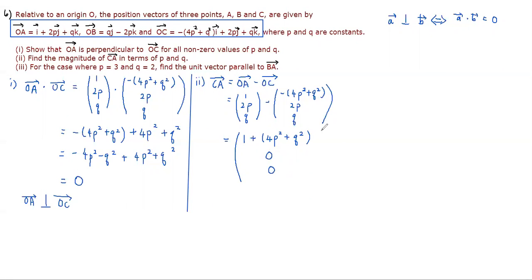Similarly, for the component of vector K, you get a 0. Then the magnitude of vector CA. Since components of J and K are both 0, then the magnitude of vector CA is just the I component, which is 1 plus 4p squared plus q squared. That gives the magnitude of vector CA.